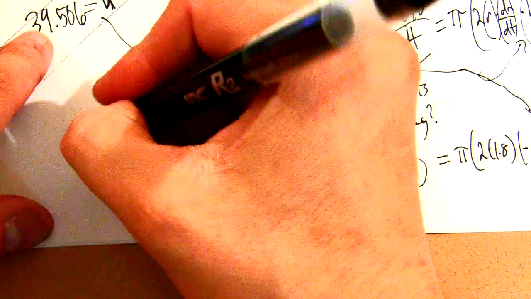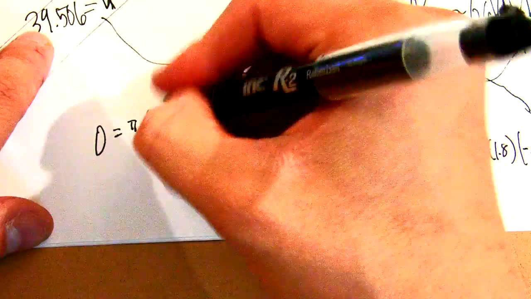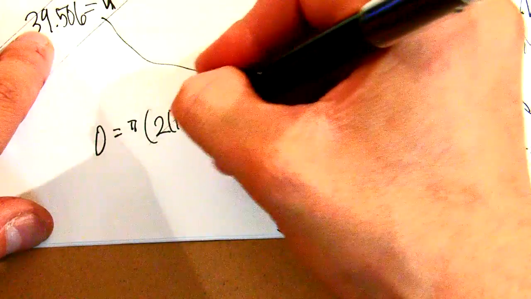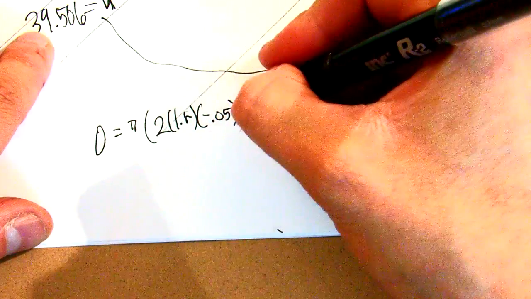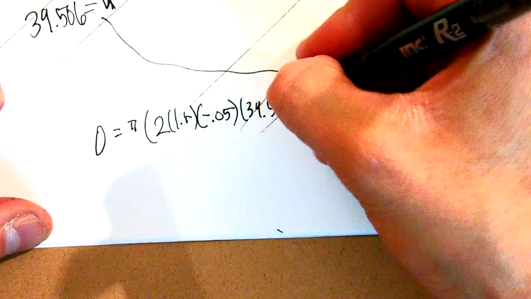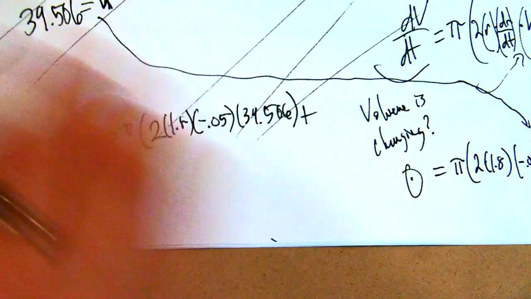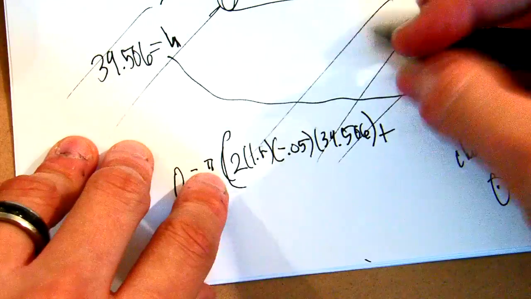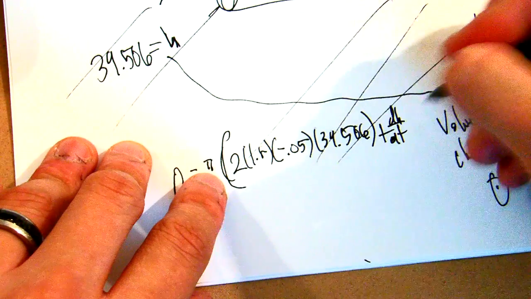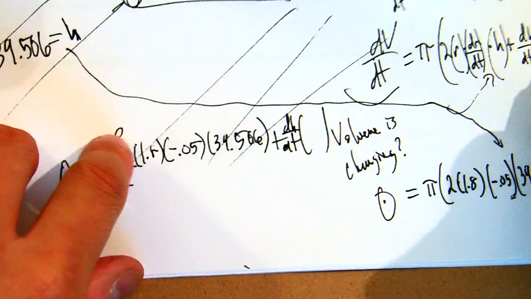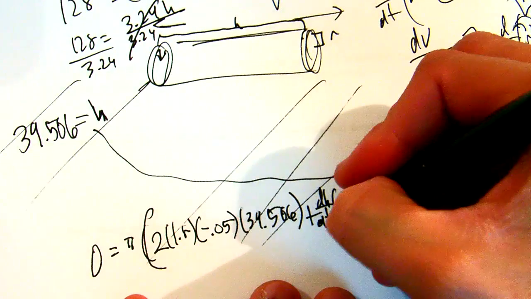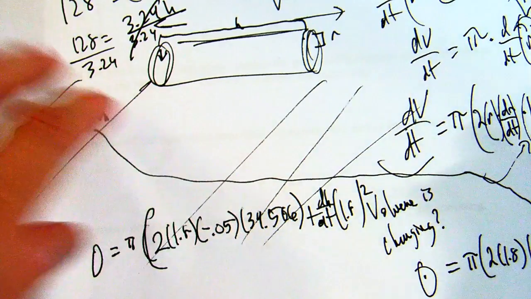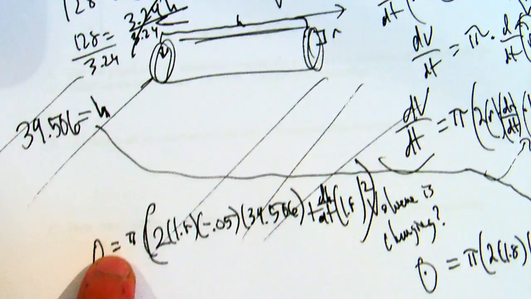Okay. So 0 equals pi times 2 times 1.8 times negative 0.05 times 39.506 plus dh dt times what? R squared. R squared is 1.8 squared. And now we simplify, and all that times pi.